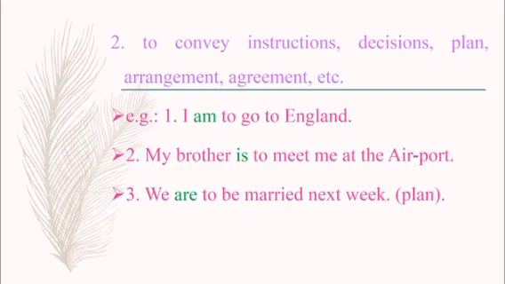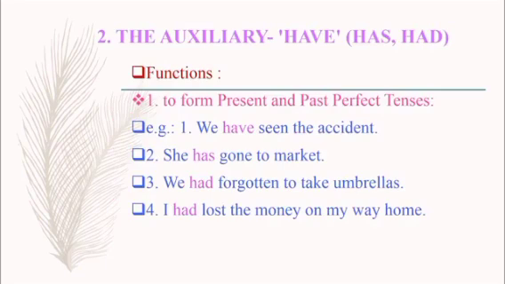The second one is the auxiliary have. In other words, have verbs such as have, has, had. Let's see the functions. The first function is to form present and past perfect tenses. Example sentences are: we have seen the accident.